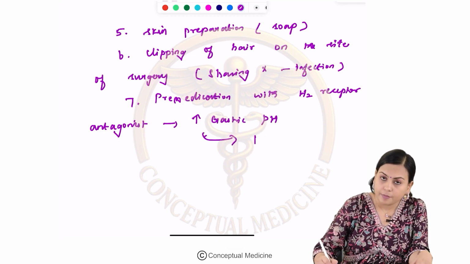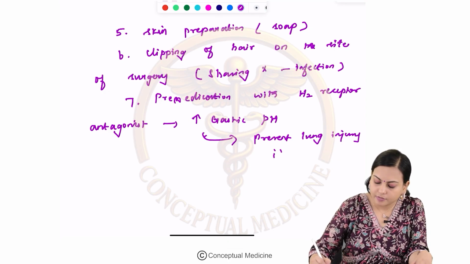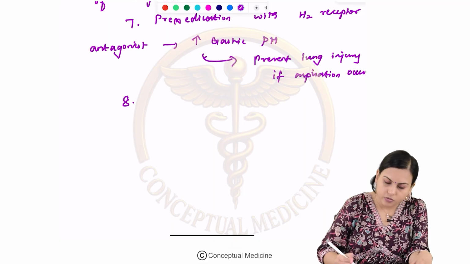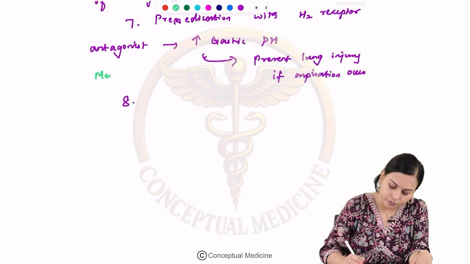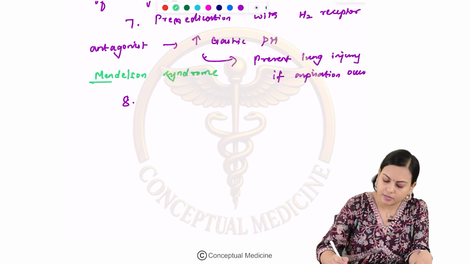So, that will prevent lung injury if in case aspiration happens. Clear? Then, so what is that chemical pneumonitis called? It is called as Mendelson syndrome, which is nothing but a chemical pneumonitis.